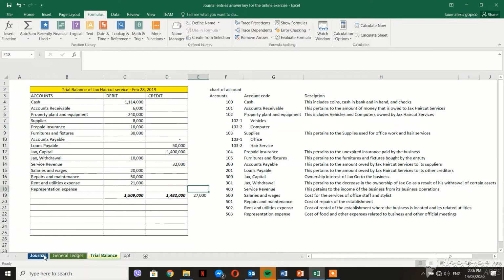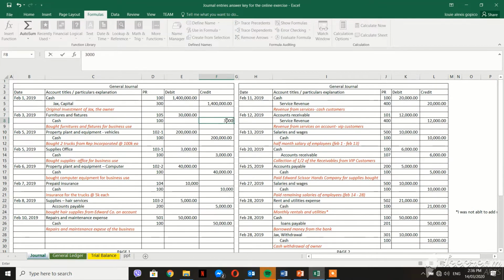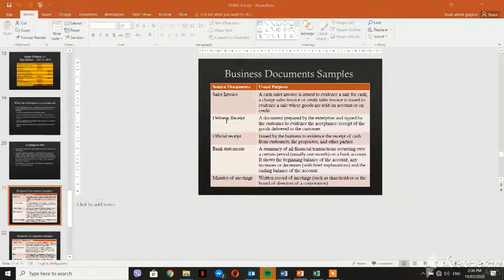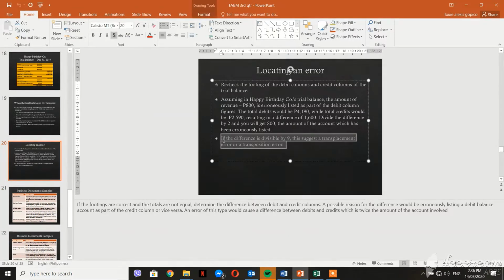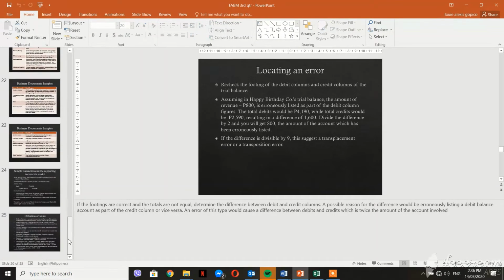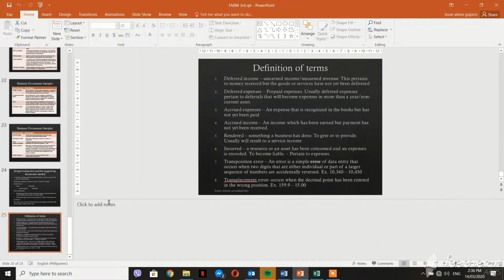Okay? Now, for example, if you look at the second one, if the difference is divisible by 9, this suggests a transposition error. Okay? So what is a transposition error?